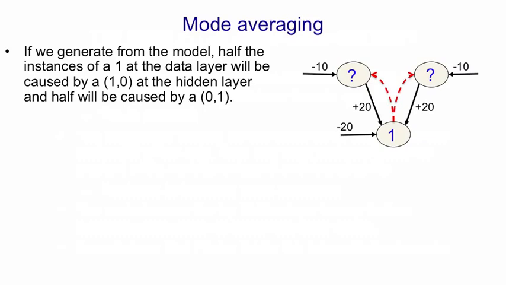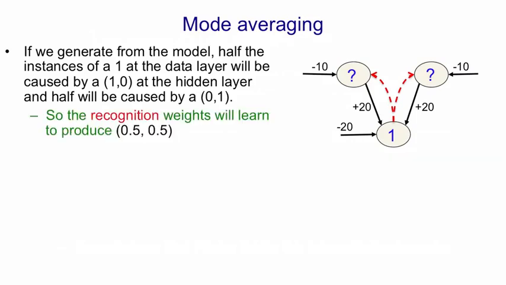So now think what the learning will do for the recognition weights. Half the time we have a 1 on the visible there, the leftmost unit will be on at the top. So it will actually learn to predict that that's on with a probability of 0.5, and the same for the right unit. So the recognition units will learn to produce a factorial distribution over the hidden layer of 0.5, 0.5.